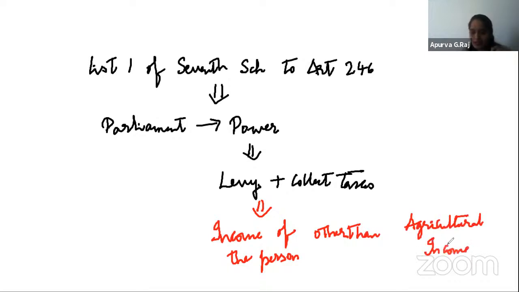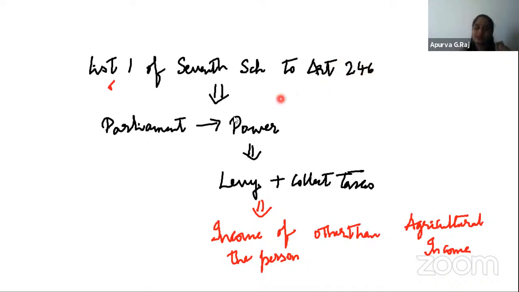I'm stressing on all the small points, all the minute points also. Why? Because you people will be answering in the MCQ format. That's why all the minute details are also very important. So let's recap. What is the list number? The list number is going to be 1. Which schedule? It's going to be the 7th schedule. What is the article number? Article number is going to be 246.